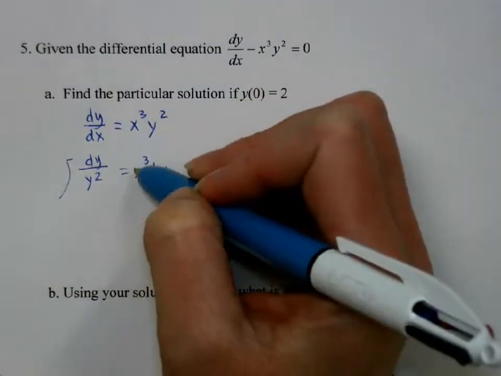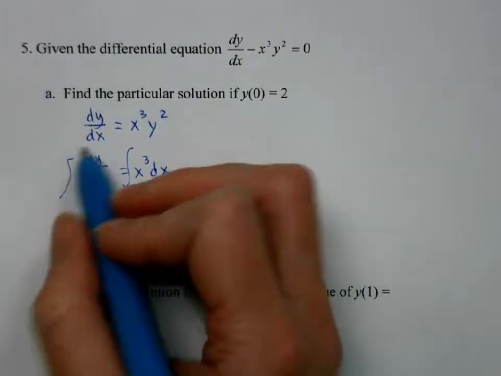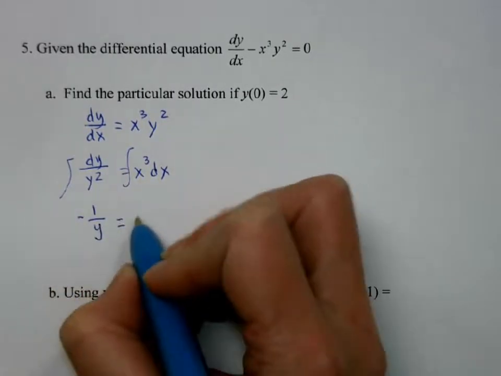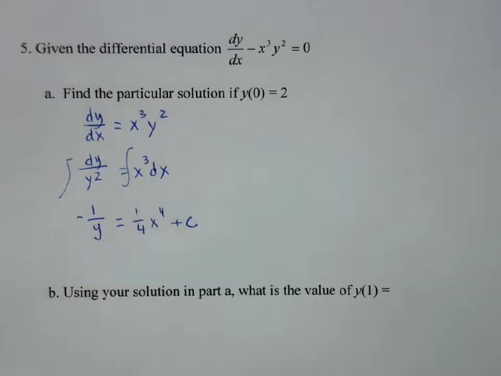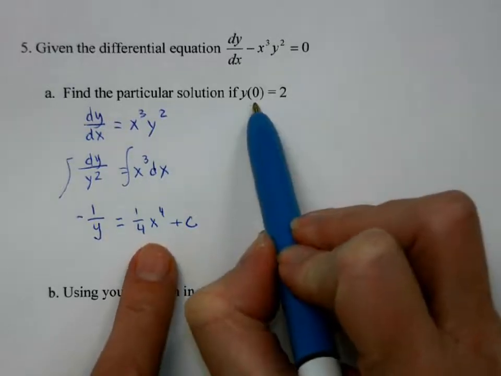Okay, well we know the derivative of 1 over x is negative 1 over x squared. So the integral of this is negative 1 over y equals 1/4 x to the 4th plus c. I'm going to go ahead and solve for my initial condition here because my condition is y of 0 equals 2.